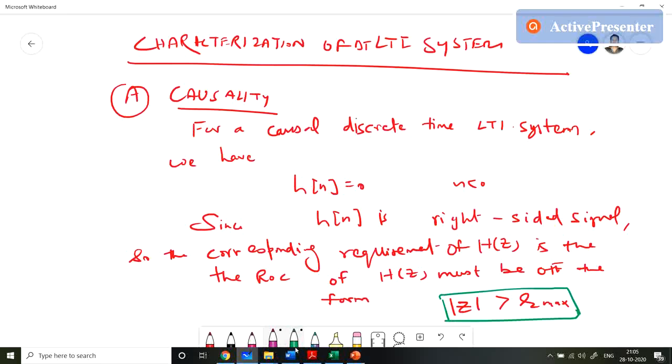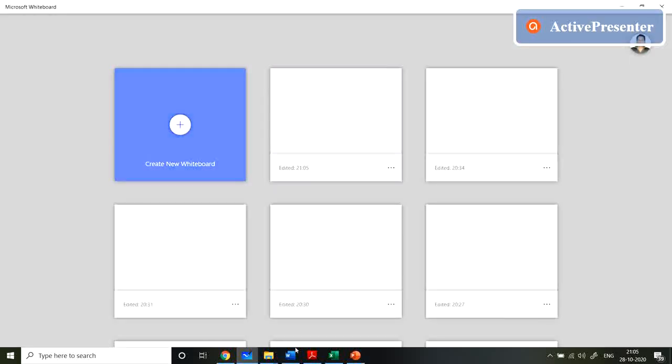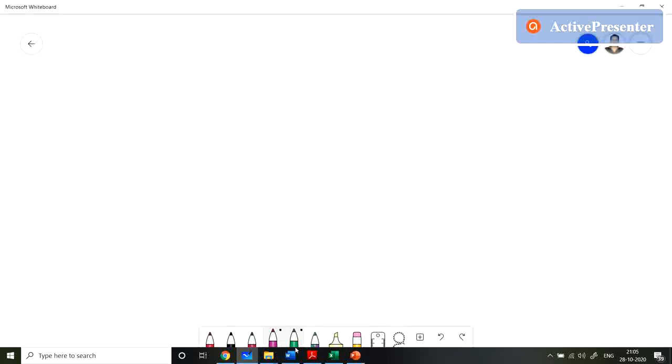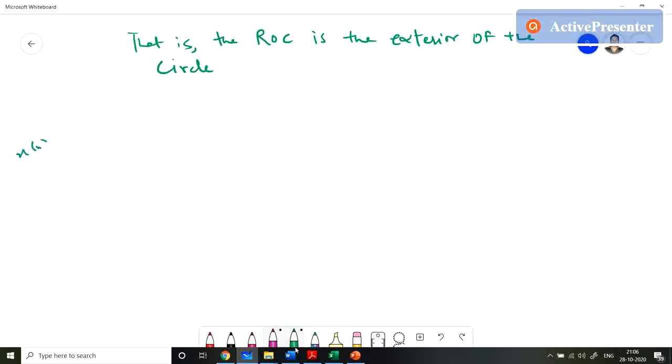So we can say the ROC is the exterior of a circle, as we have seen in the case of x(n) equal to a raised to the power n u(n).